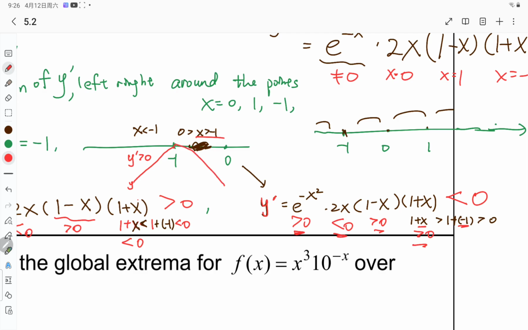So we know that -1 is the local max. And then you can just keep analyzing; y equal to 1 is going to be the same thing, okay?